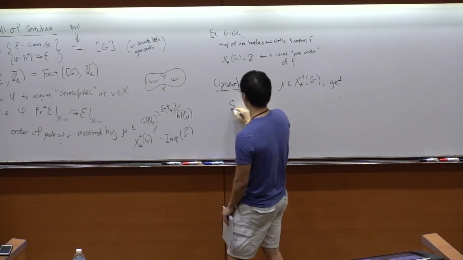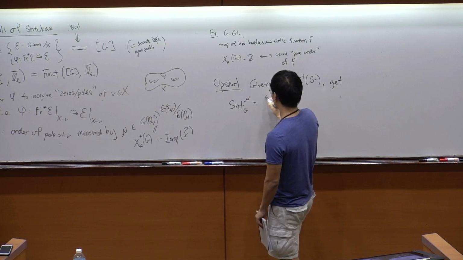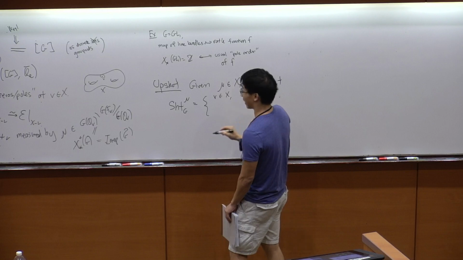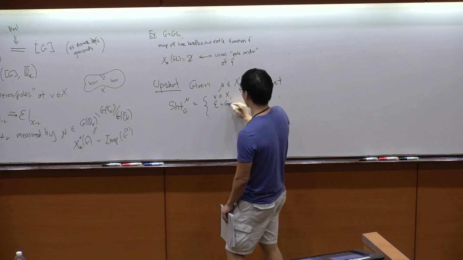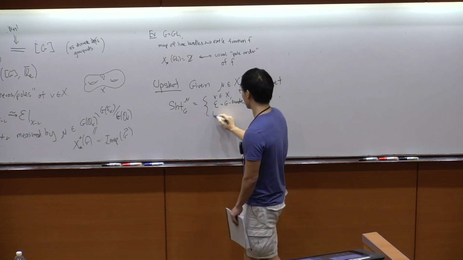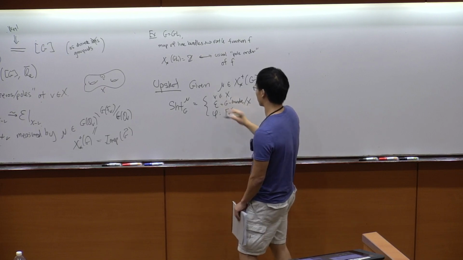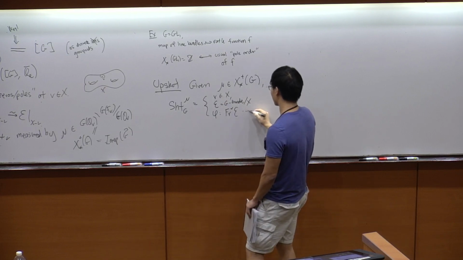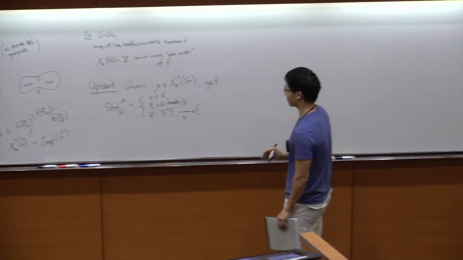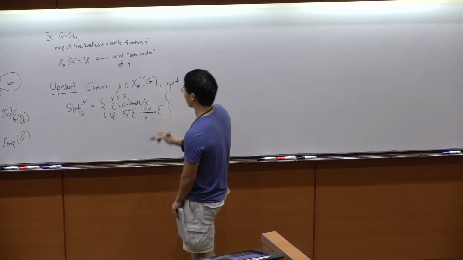I get a space which I'll call Shtuka G superscript mu, which parameterizes a point on the curve, a G bundle on the curve, and a map phi which is allowed to have a pole at this point V. So the way I'll write that is that there's a map which is defined away from V. It's allowed to have a pole at V, and the order of that pole is at most mu.